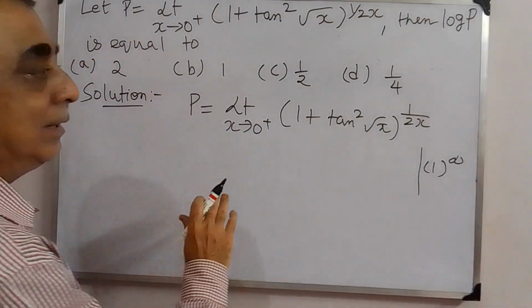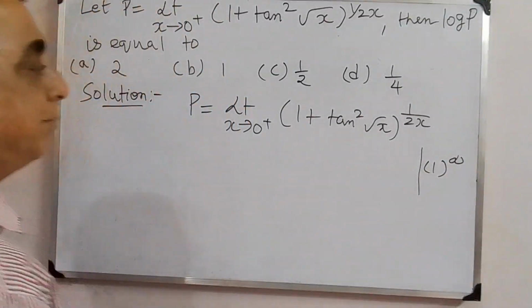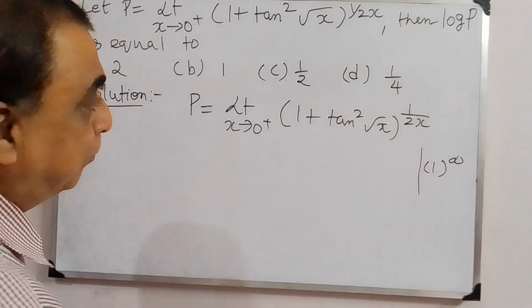When the limit is of the form 1 to the power infinity, there is a theorem for this.